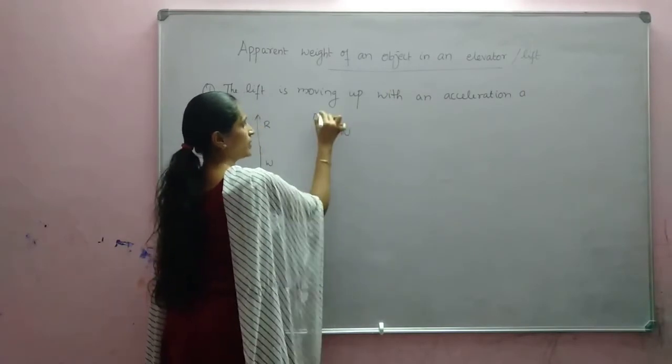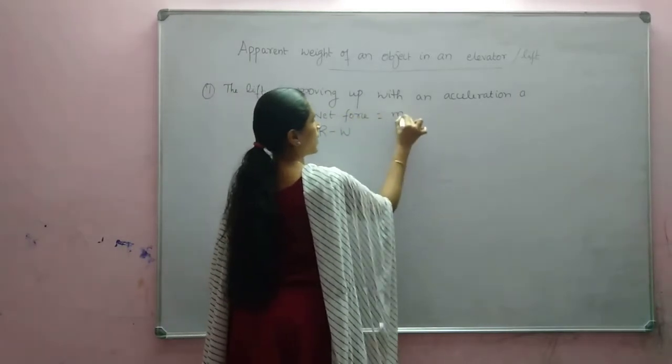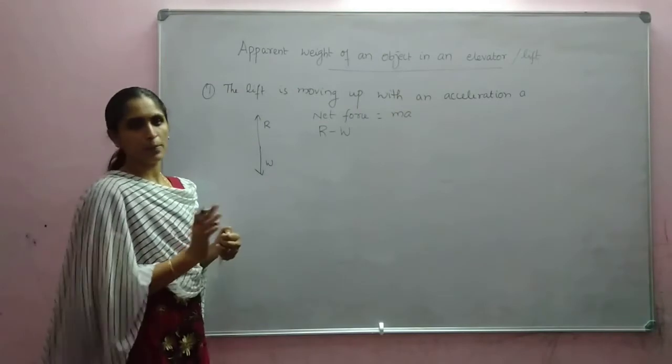Now, according to Newton's second law, net force is equal to mass into acceleration. Here mass remains constant. That's why we can write ma itself.